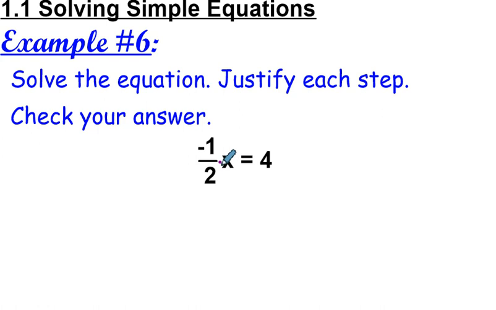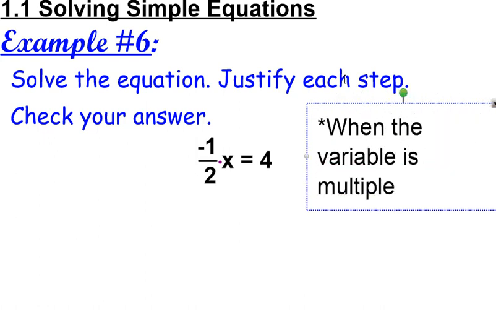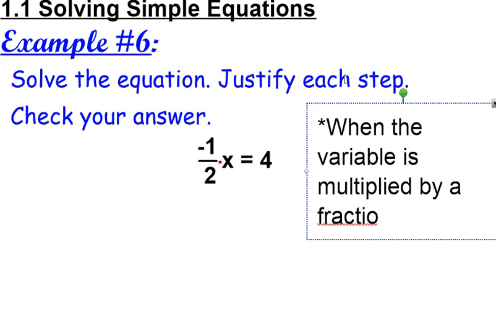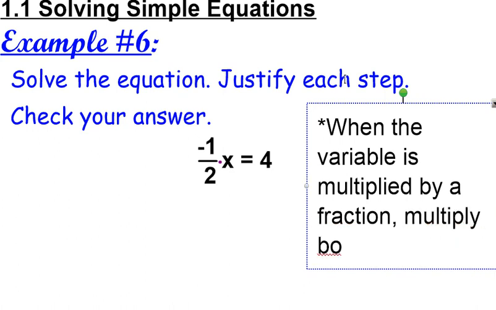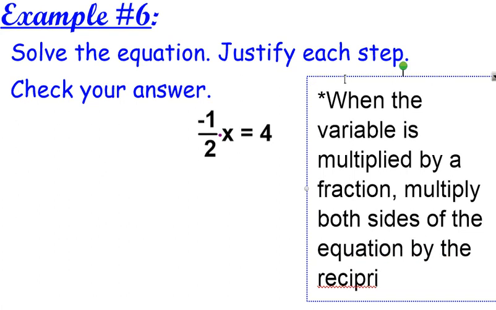So what I would recommend, if you are multiplying by a fraction, I'm actually going to make a little note on this slide here. If you are multiplying by a fraction, the variable is multiplied by a fraction, multiply both sides of the equation by the reciprocal.